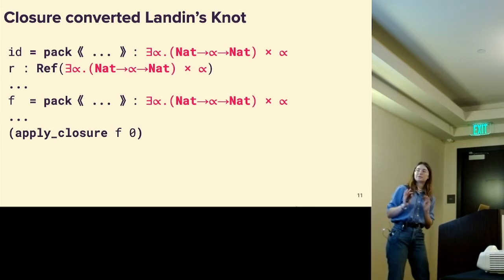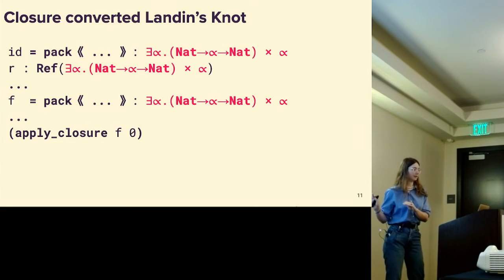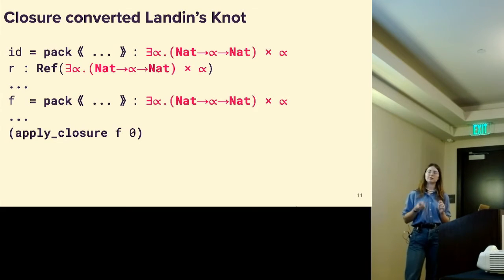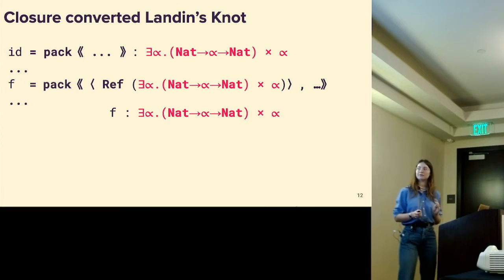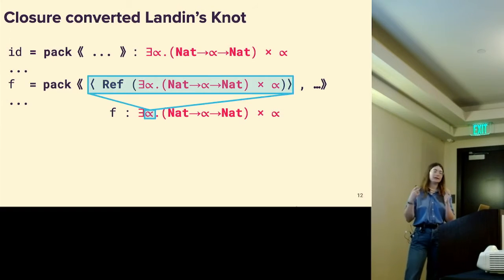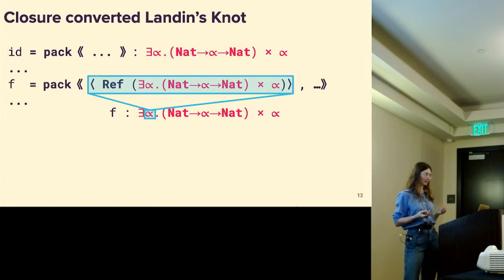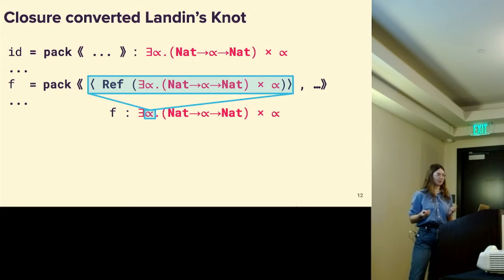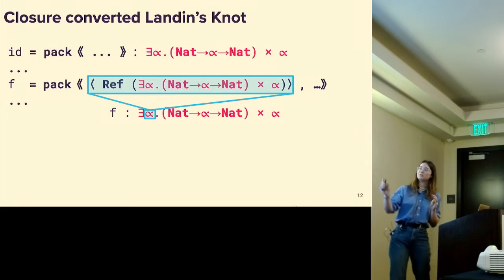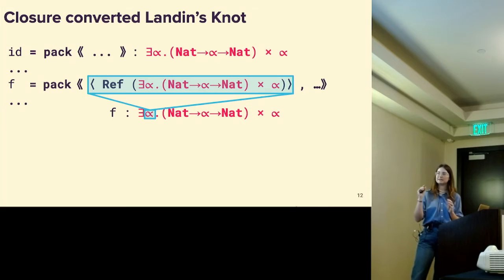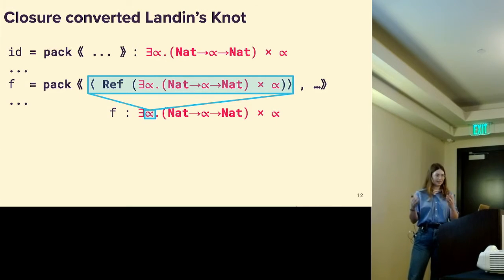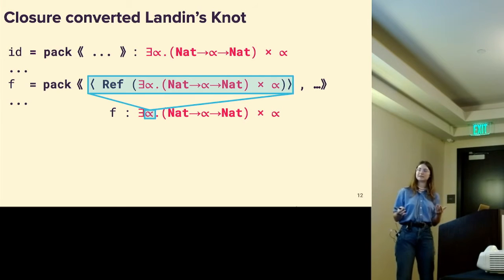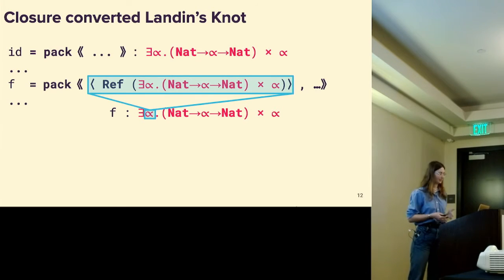OK, but we knew there was something special going on with F and its environment. So let's kind of unpack it and see what type we're instantiating for the environment. The type that we're instantiating for the environment is going to be a tuple type containing a reference. Inside of that reference, and highlighted in magenta, we see that it happens to be the exact same existential type that is typing F here. So that is, this type variable alpha is going to be instantiated with the same type it finds itself in.